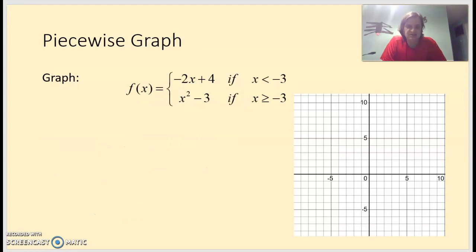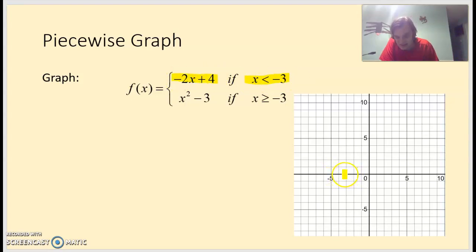All right, so let's talk about how we graph these things. Each one of these, negative 2x plus 4 and x squared minus 3, has its own individual graph. But we have to focus on this list of domains. For the first one, we've got when x is less than negative 3.